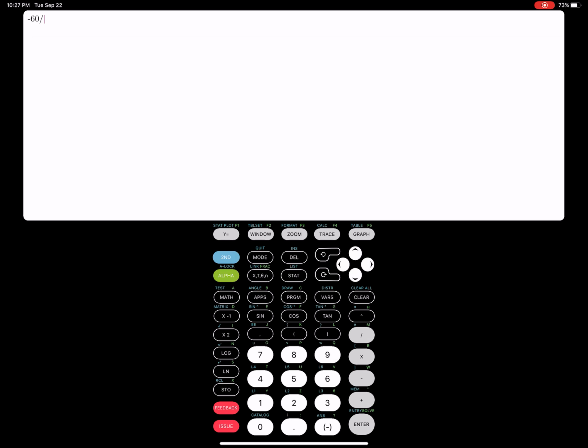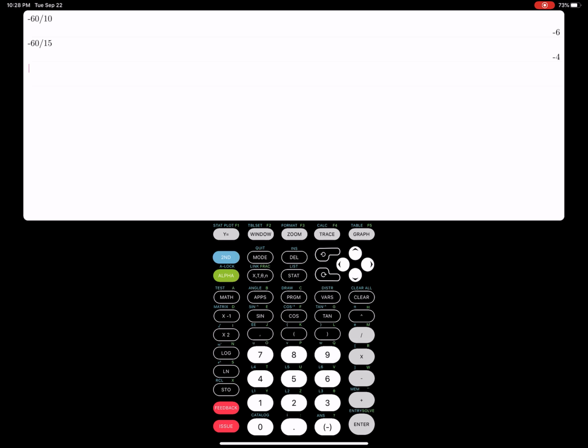I'm going to divide that by, well, I know it's divisible by 10. So that would be 6. So 10 minus 6 is not equal to 7. So try again. Negative 60 divided by 15 will go into it. Negative 4. 15 minus 4 is not 7.